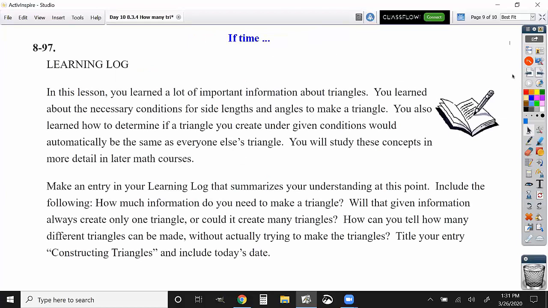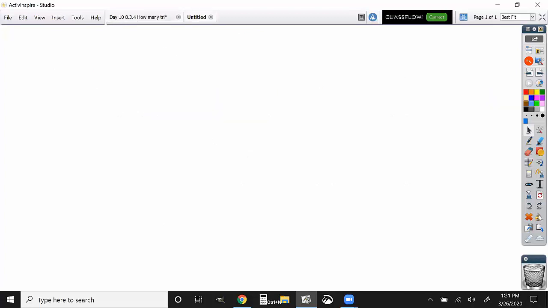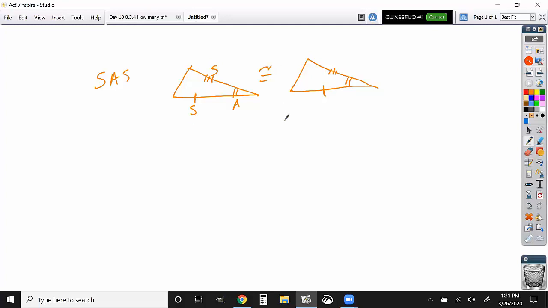Now, before you do your learning log, there are some other ways to tell if two triangles are congruent. So if you have side angle side matching, so if I gave you two triangles and I said this side and this side are congruent, this angle and this angle are congruent, and this side and this side are congruent, side, angle, side, then these triangles are the same.